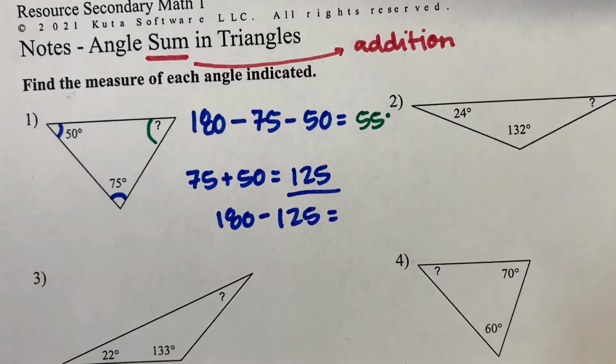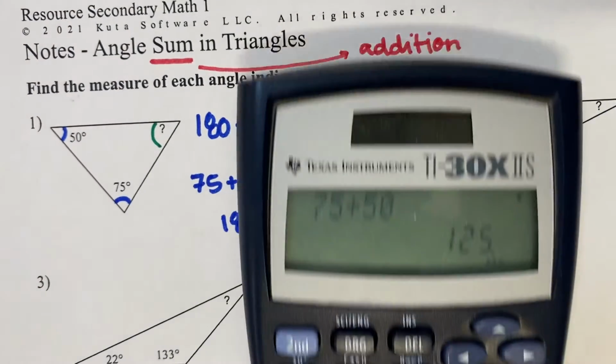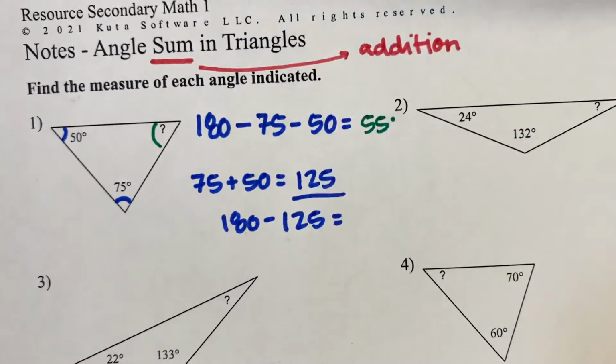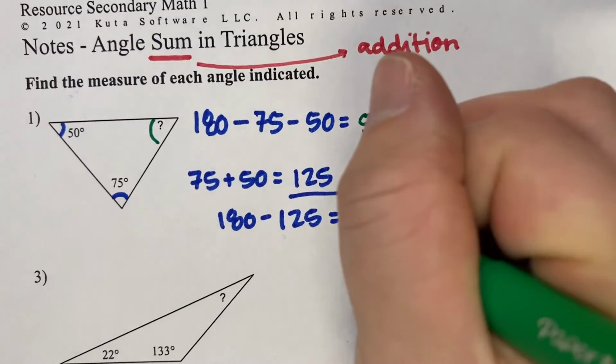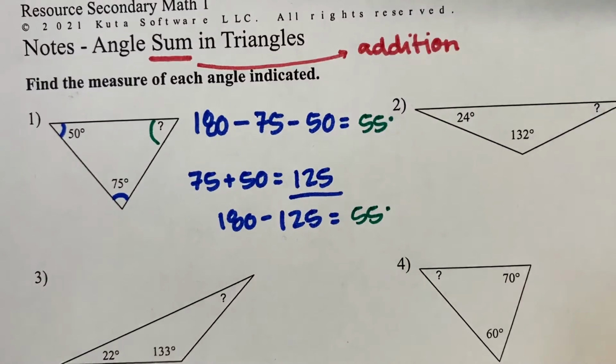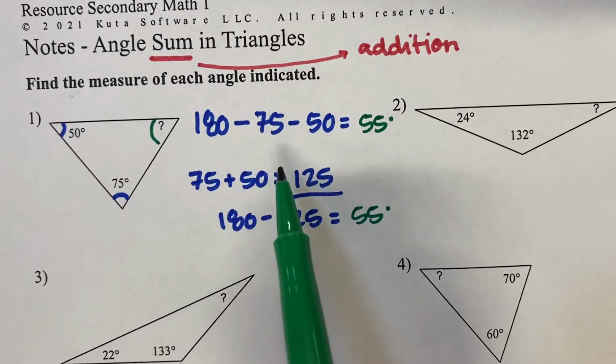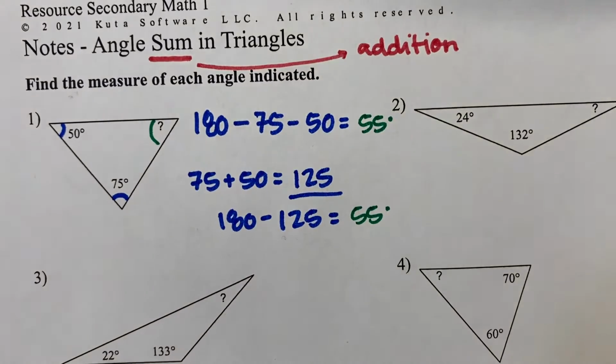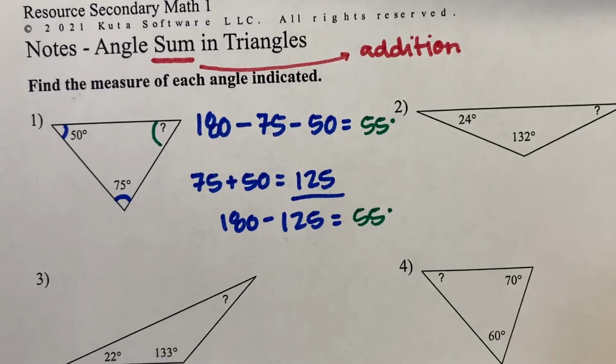Let's check it to make sure. 180 minus 125, and yes, I get the same answer of 55. So you can subtract the two at first, or you can add them together and then subtract. Two options there. Personally, I like just subtracting the two from the get-go.